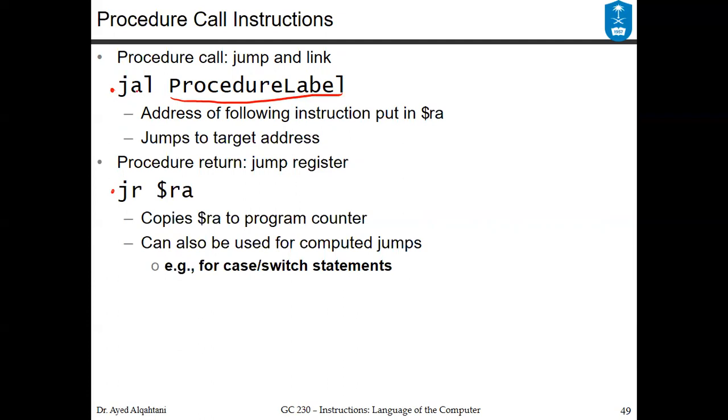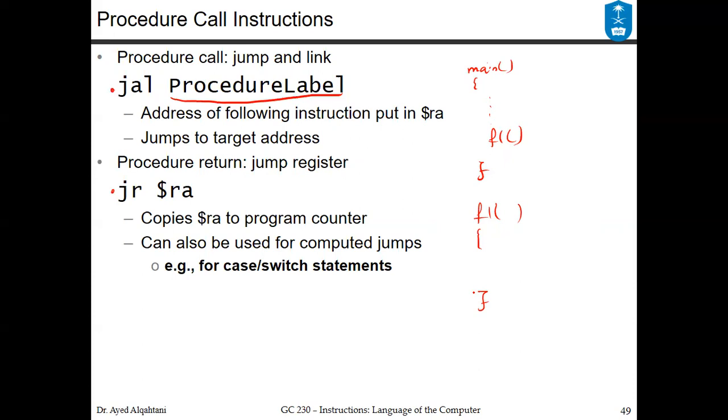So for this jump and link, for example, if we use the C language, you'll have a main function, and somewhere you will call a function, let's call it F1, and then F1 would be defined somewhere here.